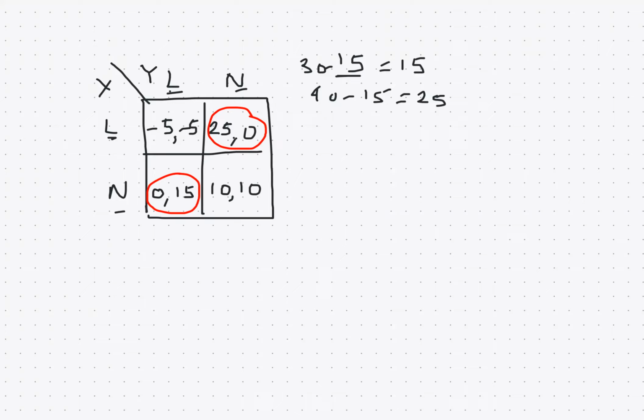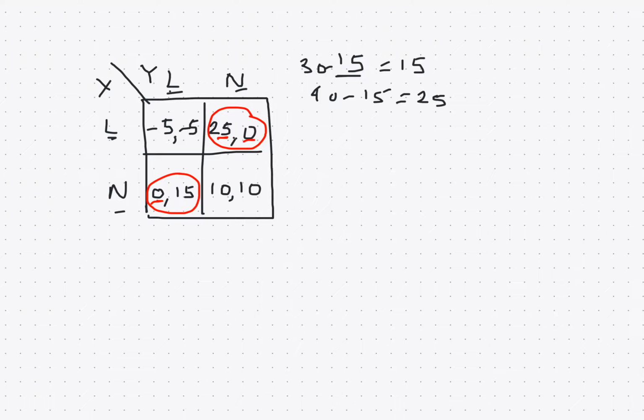So basically you're looking at, if firm Y lobbies, then the best response for firm X is to not lobby, right? 0 is better than -5. And if firm Y does not lobby, then the best response for firm X is to lobby. 25 is better than 10, right? And if firm X lobbies, then the best response for firm Y is to not lobby.